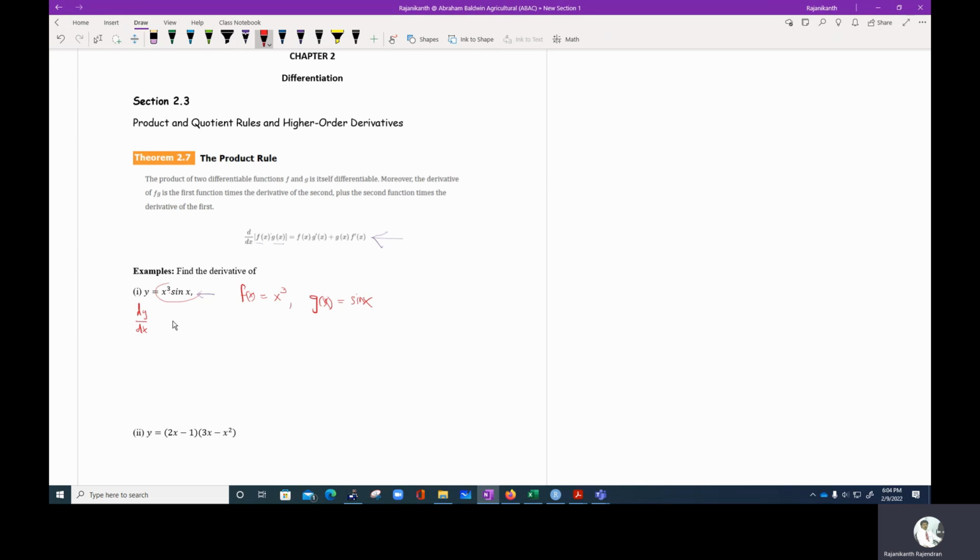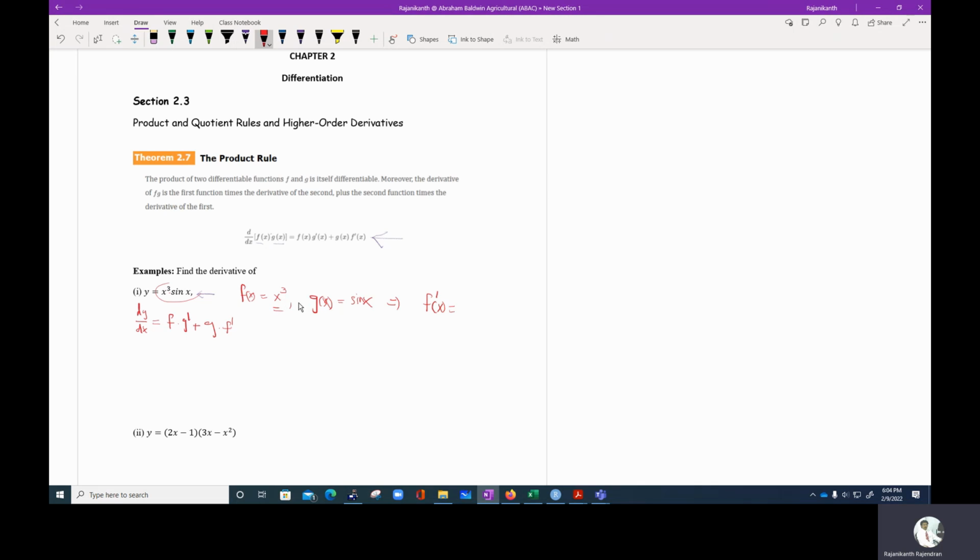So if you use this formula, it says that dy/dx is nothing but f times g prime plus g times f prime. So let us find those things here. You are given function f. How do you find f prime? f prime is nothing but the derivative of function f. The f function is simply x cubed.